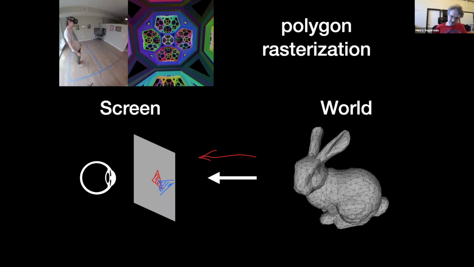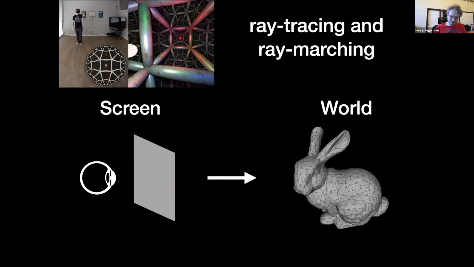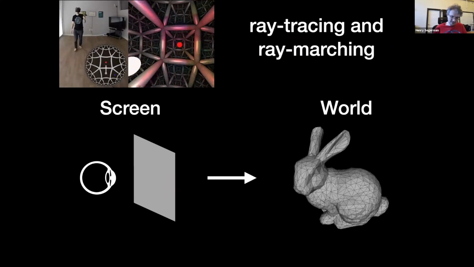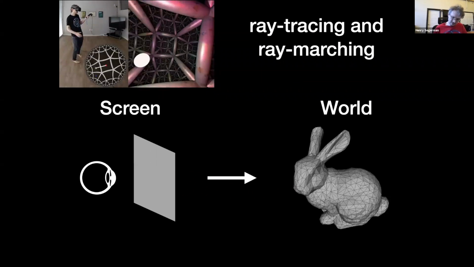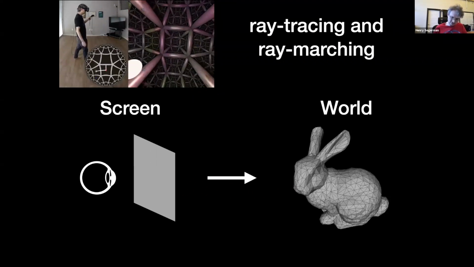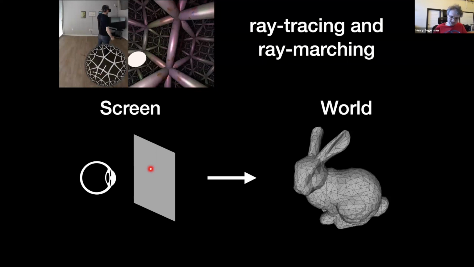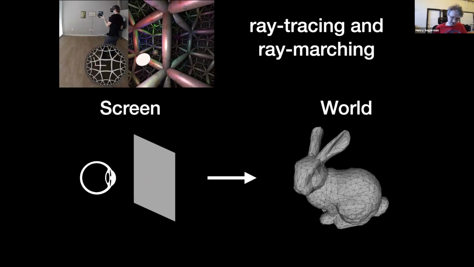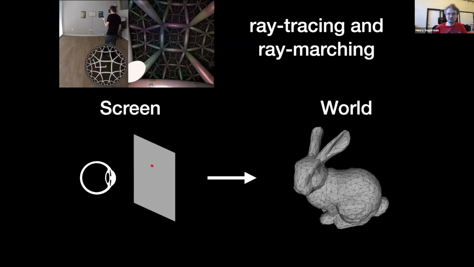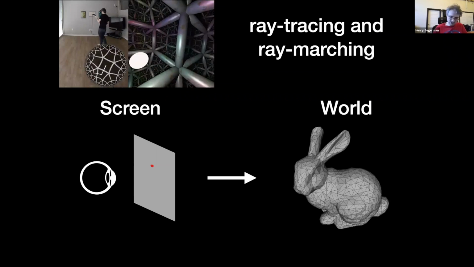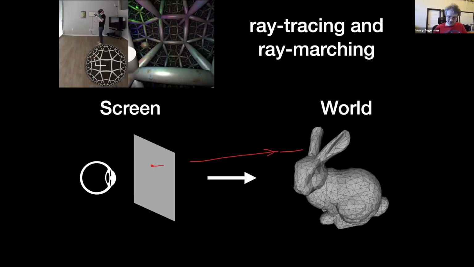And let me contrast that with the ray tracing and ray marching techniques. In these techniques, you go from the screen out into the world. So you say, okay, here's a pixel of the screen. I want to know what color it should be. And so I trace a ray out into the world and see if it hits something.